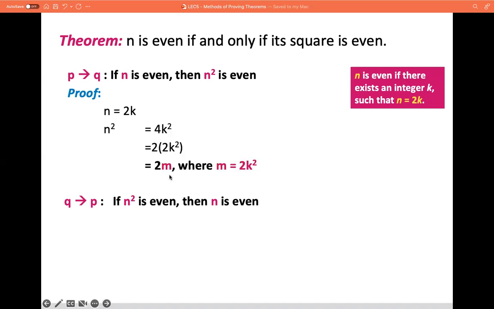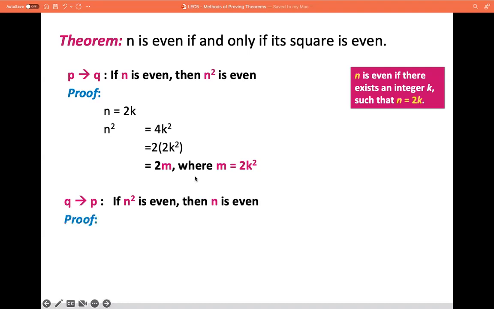We can then express it as 2m, where m is equal to 2k squared. So we have proven that n squared has a factor of 2, or that n squared is divisible by 2. So we can say that n squared is even. By the assumption that n is even, we have proven that n squared is even.